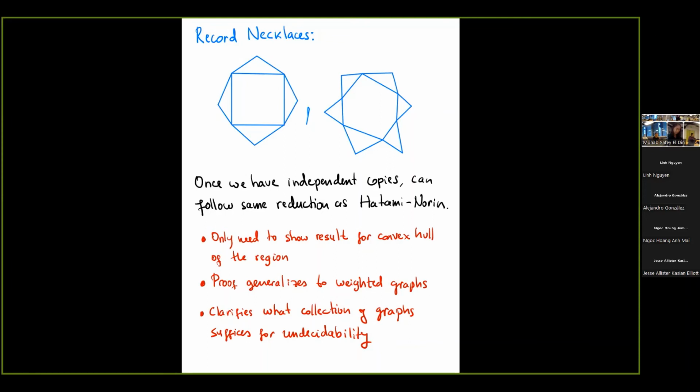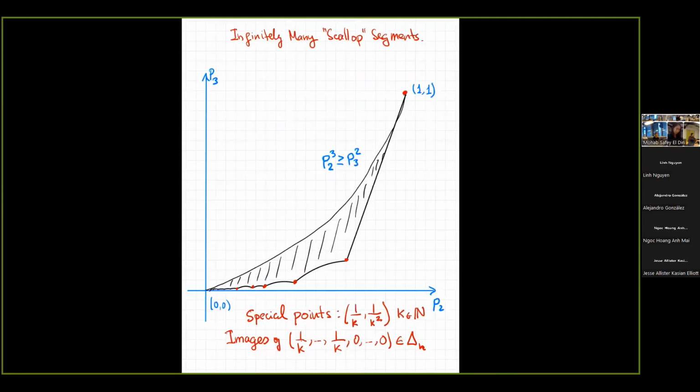The other good thing is that now we know for what collections of graphs it is actually difficult to decide undecidability. The original proof by Khatami and Noreen has a very delicate way of going from one copy of the bad region to many copies of the bad region, and that really depends on having 0-1 edge weights.